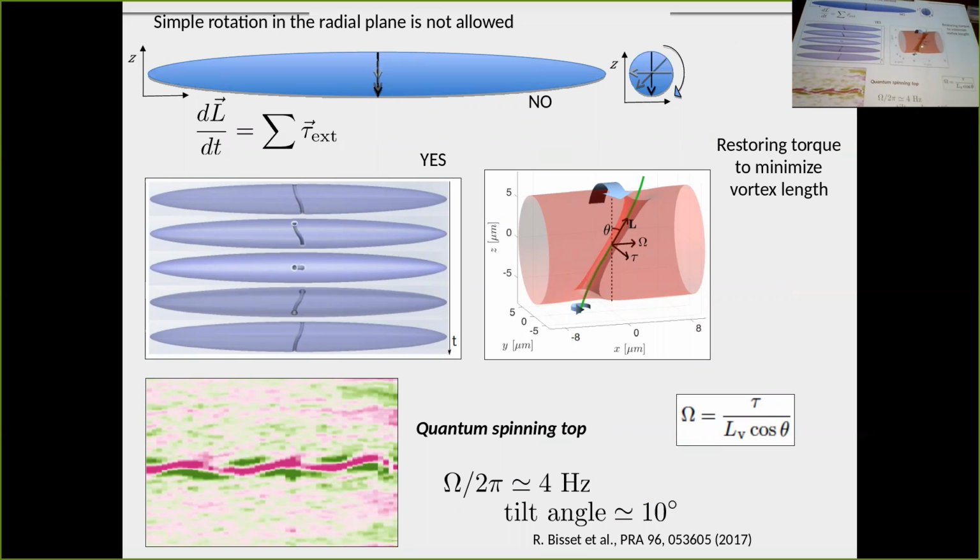But on the other hand, if you allow the vortex to tilt out of the radial plane, you expect an increase of the energy, which actually results in a torque, which indeed induces the precession of the nodal line. So actually, the information about the speed at which this spinning happens tells you exactly what is the tilt angle out of the radial plane.